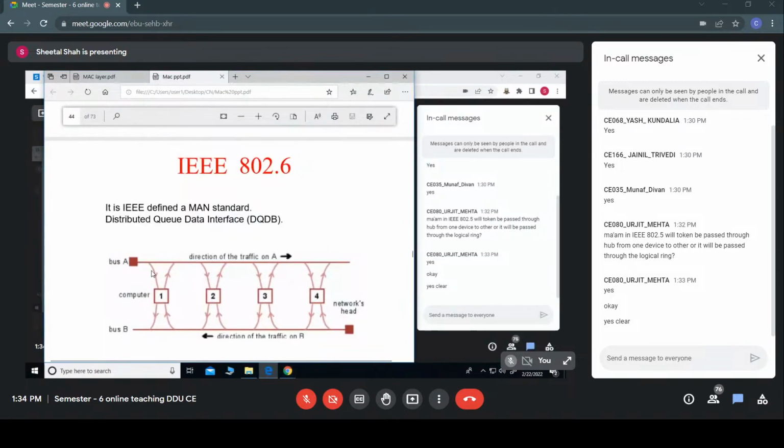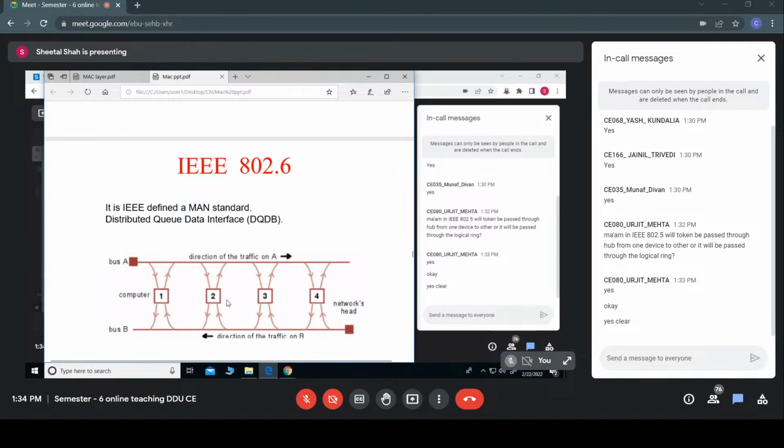Okay. So in this, it uses distributed DQDB. The protocol is known as DQDB, which stands for distributed queue dual bus, and the interface is known as distributed queue data interface.